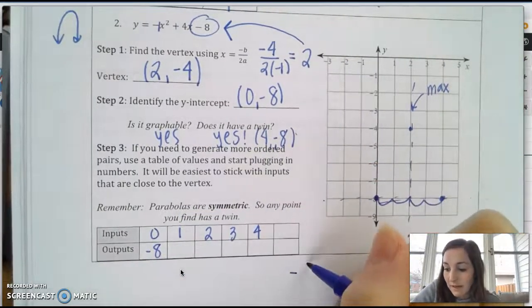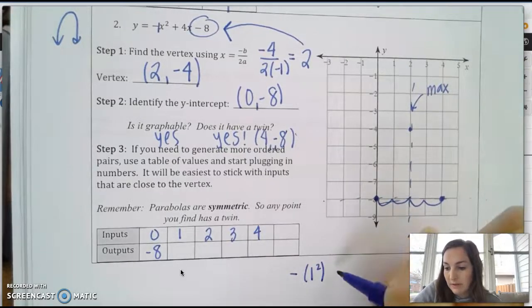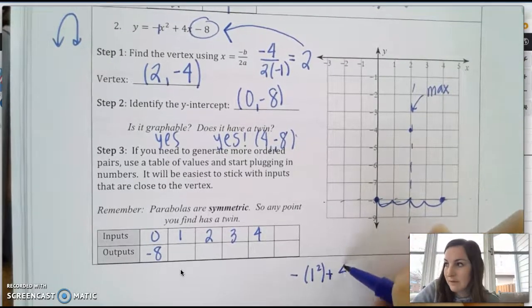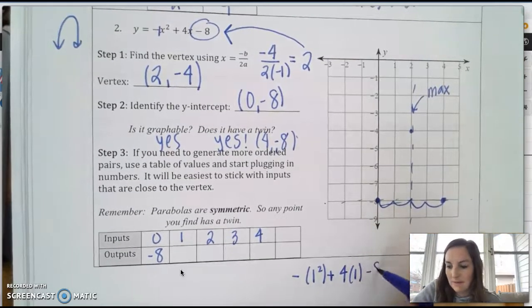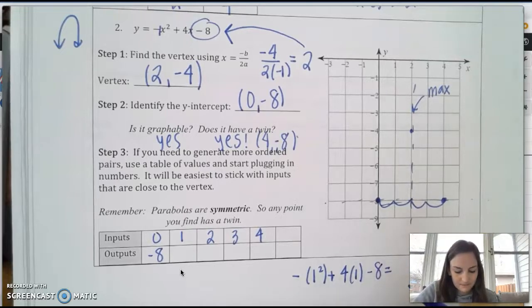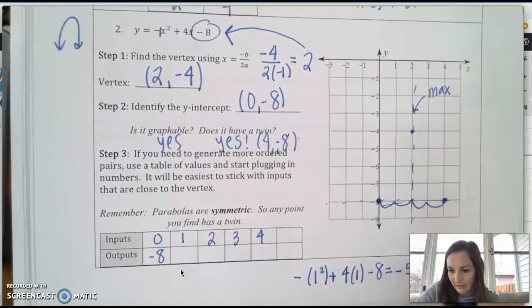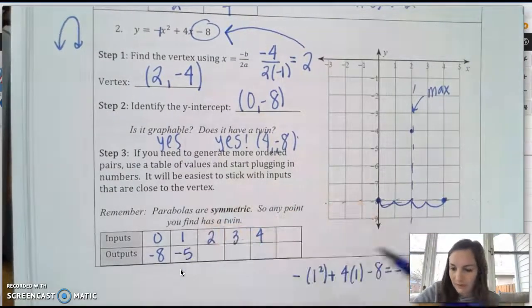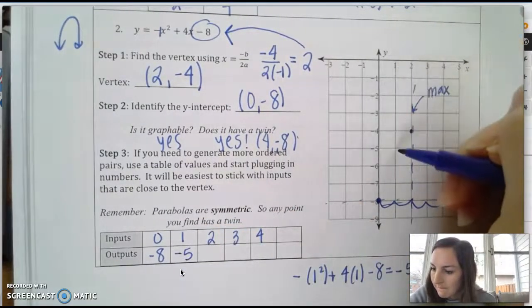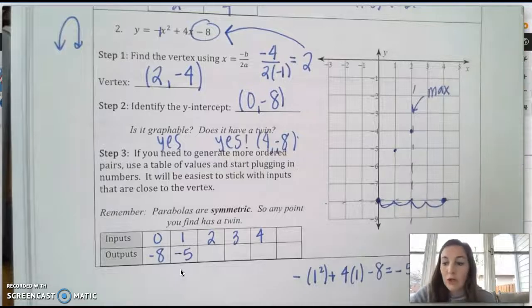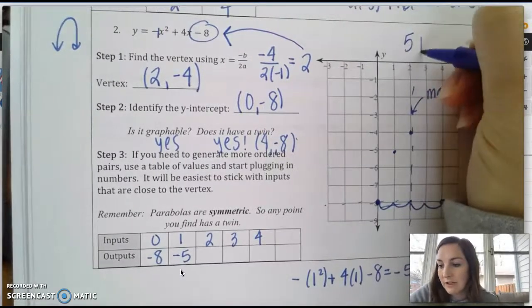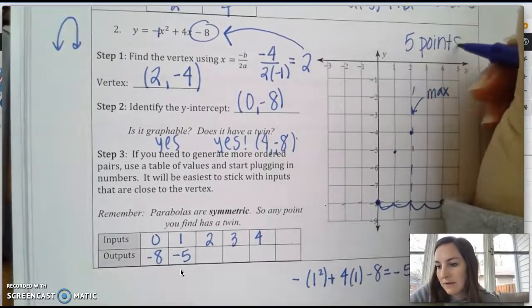So I do -1 squared plus 4 times 1 minus 8. And when I do this, I will get a -5. So I have 1, -5. I'll go ahead and graph it. You need 5 points every time.